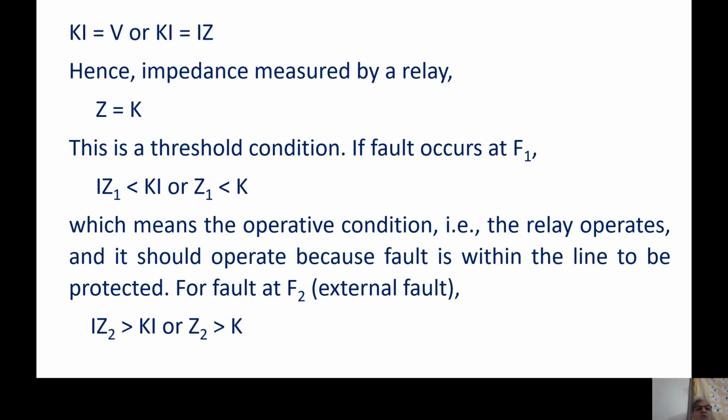And if you want to draw the characteristics on Rx plane, now we will be doing on Rx plane. Overcurrent relay characteristic we were doing on IT plane. This we will be doing on Rx plane. Z is equal to K is a circle with relay location as origin. Circle with radius K is the characteristic of an impedance relay.